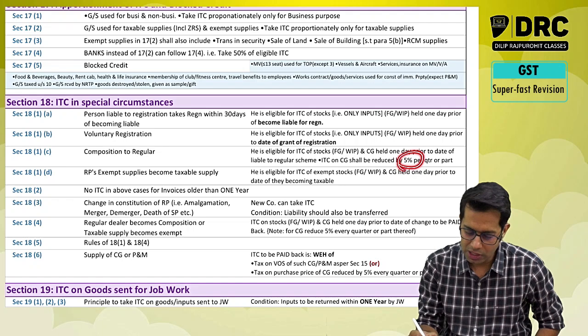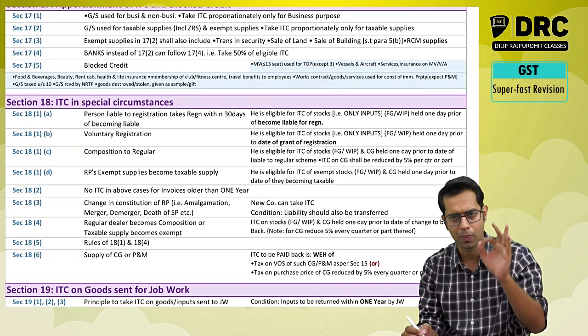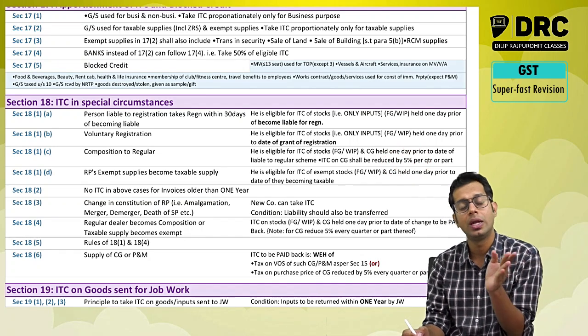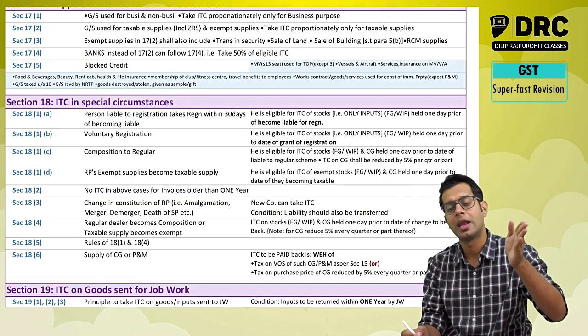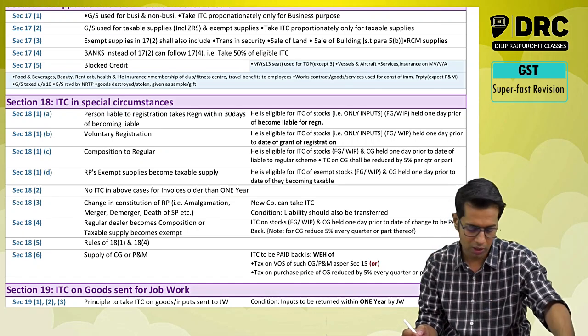Please note, in case of inputs, you are required to compute the credit on a proportionate basis, whereas in case of capital goods you are required to calculate the ITC amount by reducing 5% for every quarter or part thereof from the date of purchasing that capital good till the date of reversal.